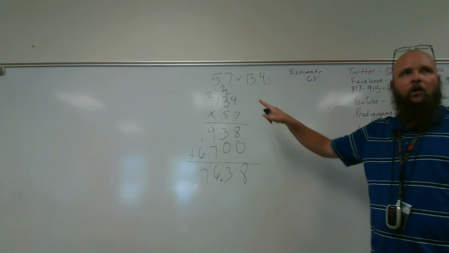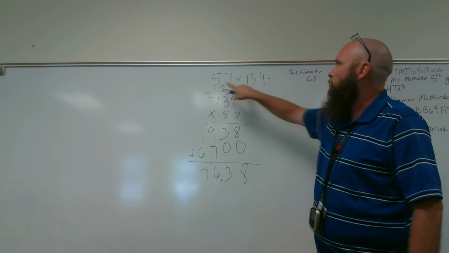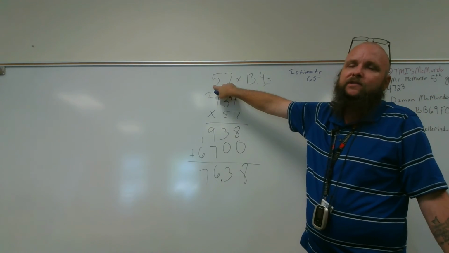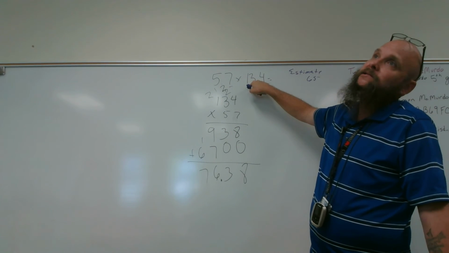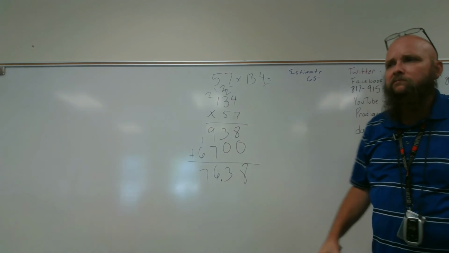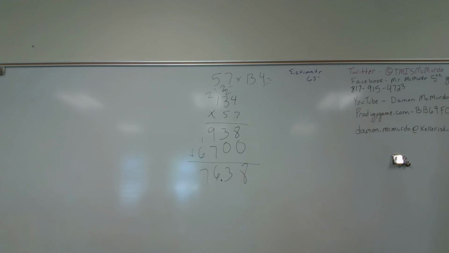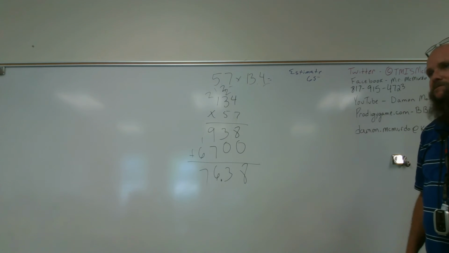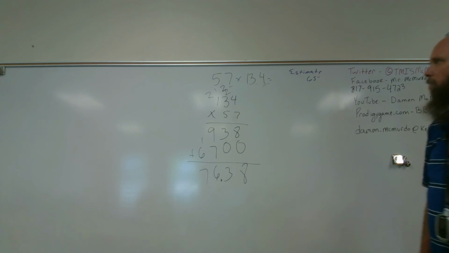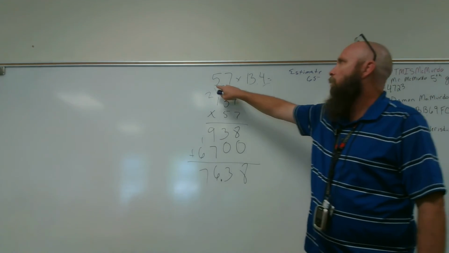Wrong. But we know it's going to be bigger than our estimate because 5.7 is close to 6, so 6 times 13 would be 78. Because I got 76 and 3800, I was just wondering. Yeah, well, on these I'm not really rounding them.